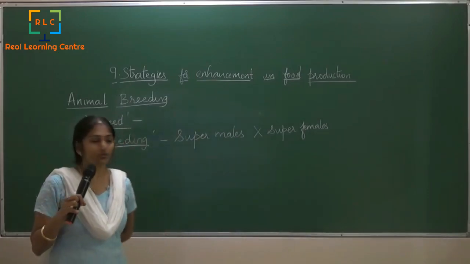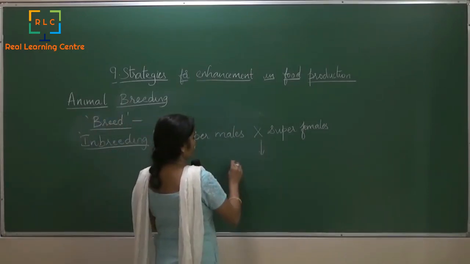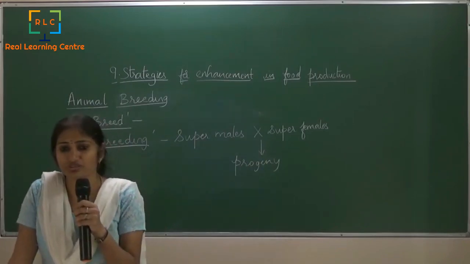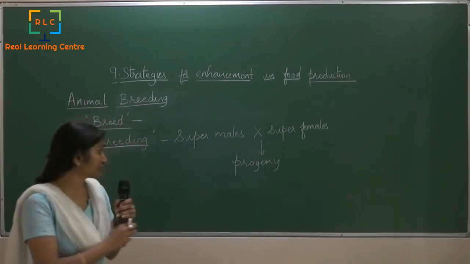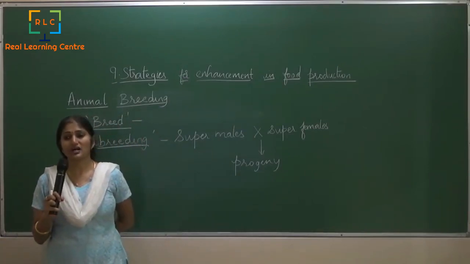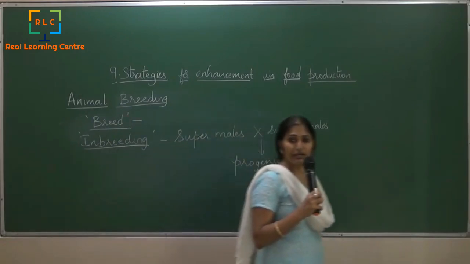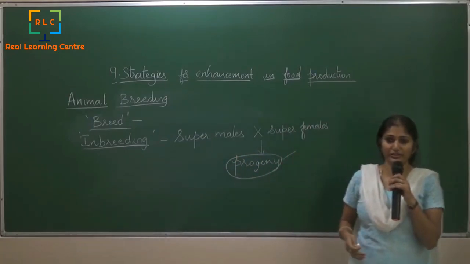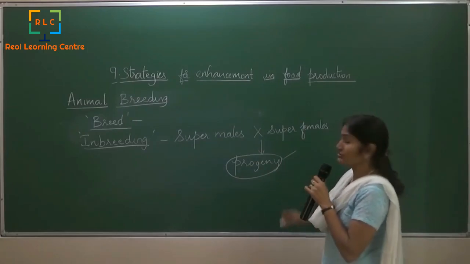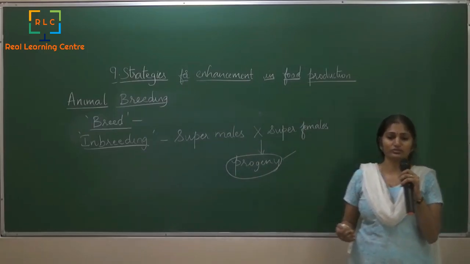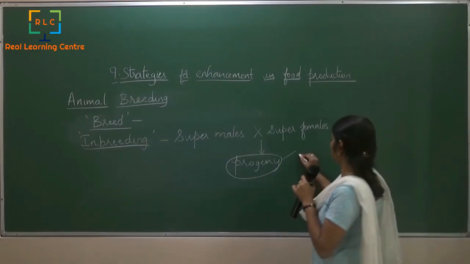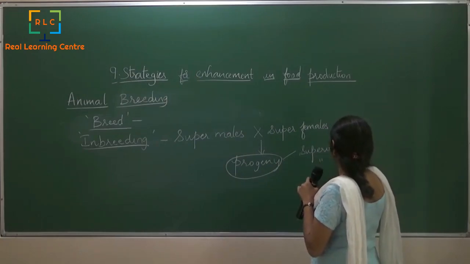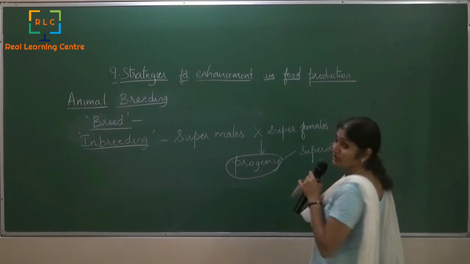Now then what we would get is the progenies, and these progenies which result from this cross are evaluated, they are checked, and then we classify them into the ones which have a higher ability to reproduce, which we can call the superior males and the superior females.